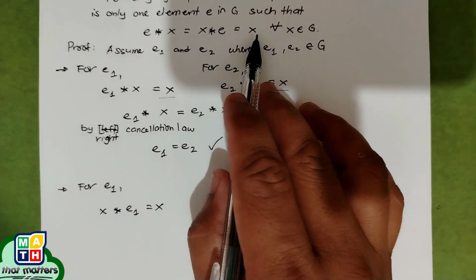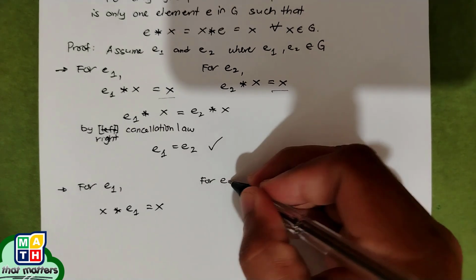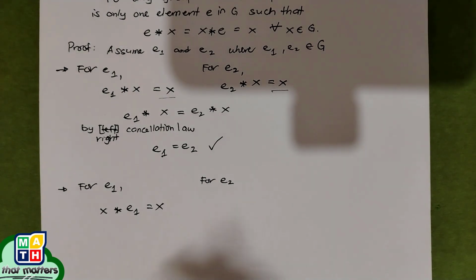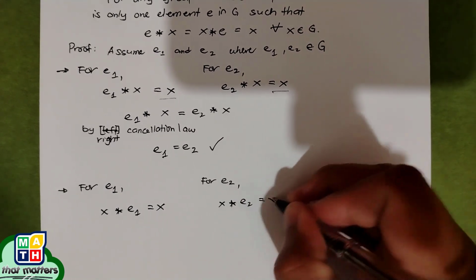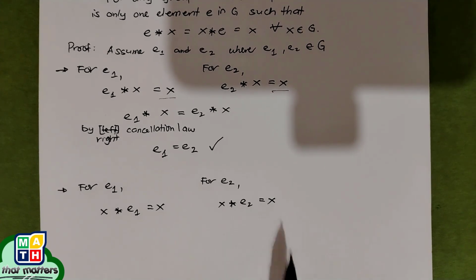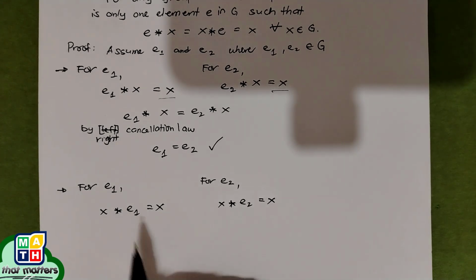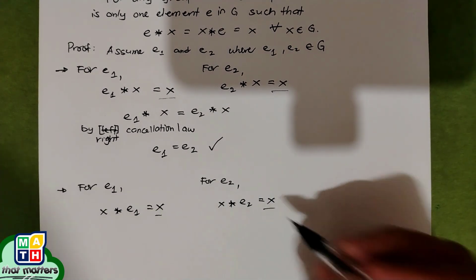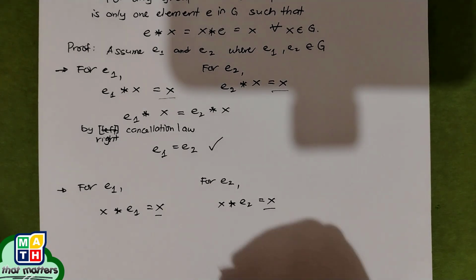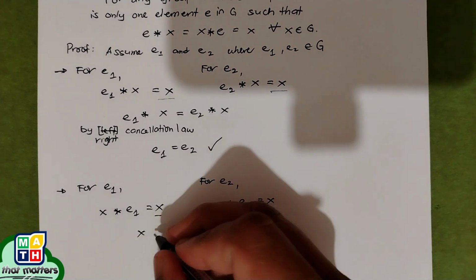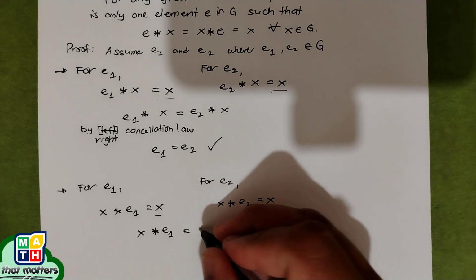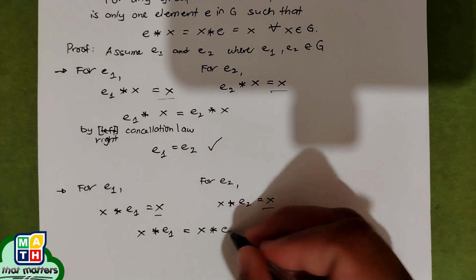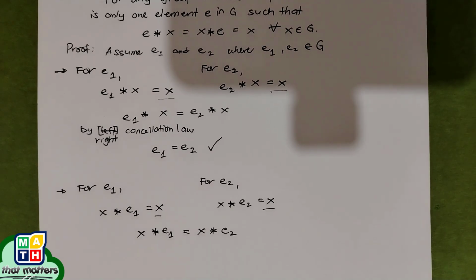For e sub 2, because we have assumed it is another identity, x star e sub 2 is also equal to x, as they are both identity elements of our group G. Now, similar to earlier, they are both equal to x, so by the transitive property, x star e sub 1 is equal to x star e sub 2.